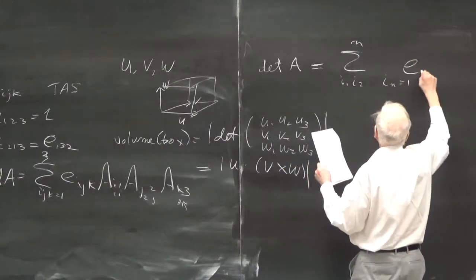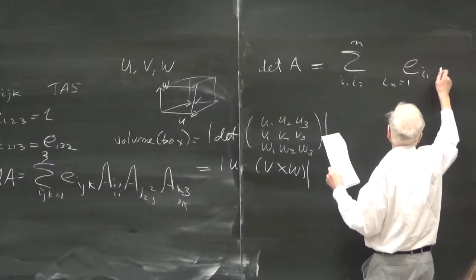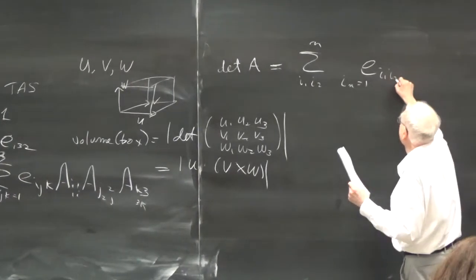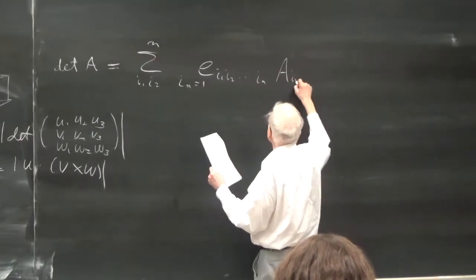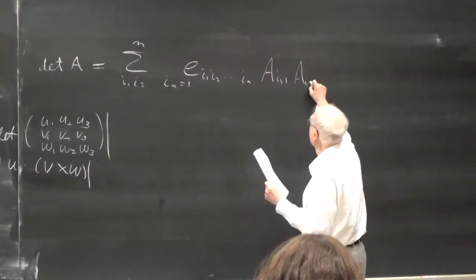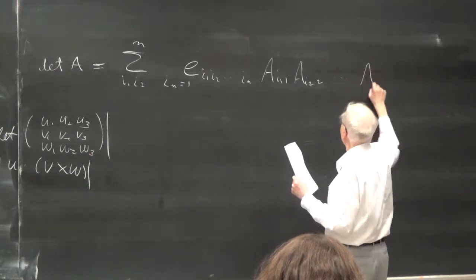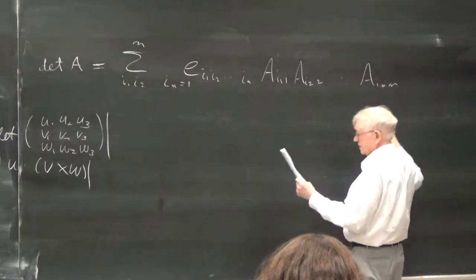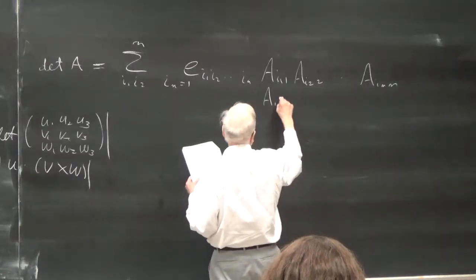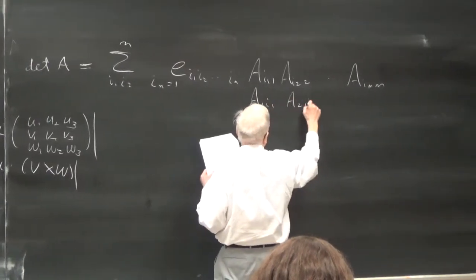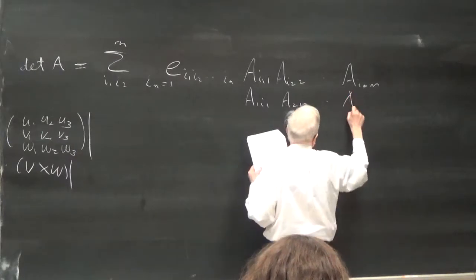And now we use the antisymmetric symbol epsilon I1, I2, In, a I1 1, a I2 2, a In n, or you could have it the other way: A1I1, A2I2, ANIN.